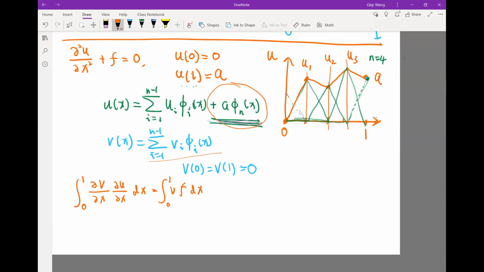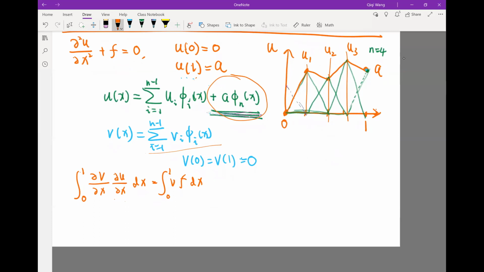Okay, so if we plug in these n minus 1 linearly independent v's, and we also plug in the green formula into du/dx here, what we get is integration from 0 to 1. The v's are going to be replaced with vi for n minus 1 different i's. These are all the linearly independent v's out there.